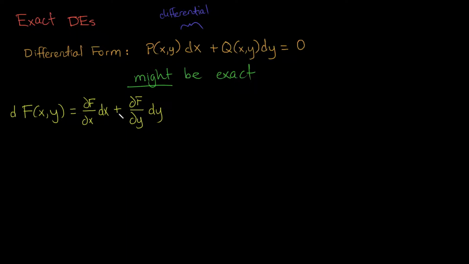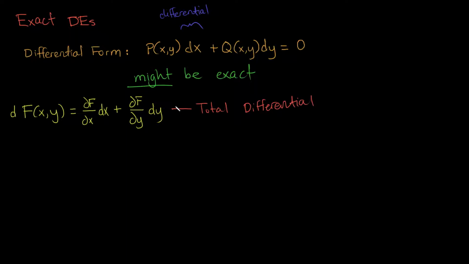And you might notice this is fairly similar to if we had just taken the derivative of f of x and y with respect to x. So just showing how we get to this. This is called the total differential. This is the total differential that I just wrote down.